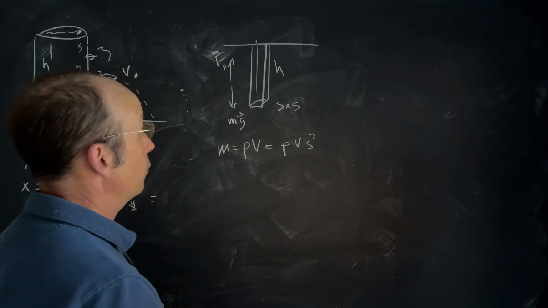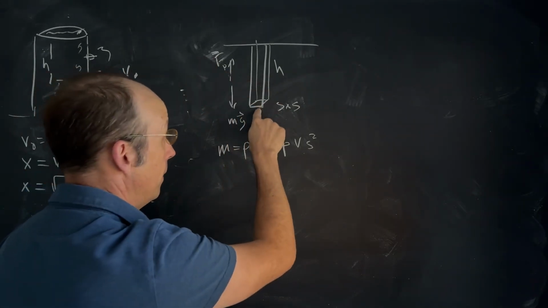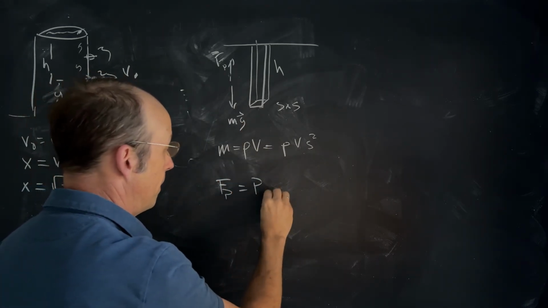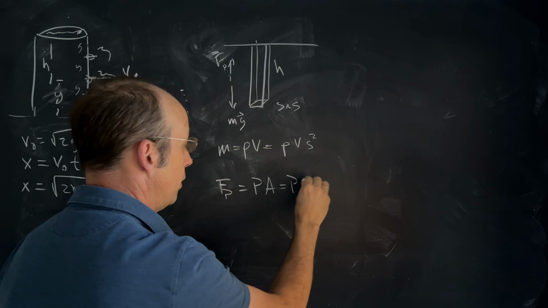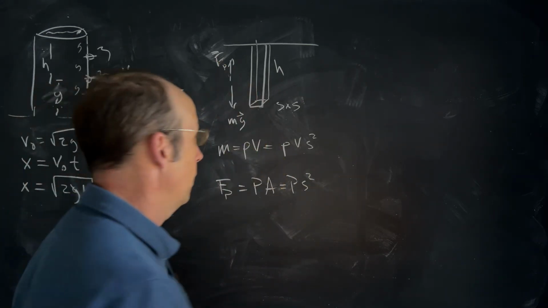And that has to be equal to the upwards pushing force. Now, that's going to be due to the pressure down here. So I can say the force of the pressure is the pressure times the area, which is pressure times s squared. Right, because it's the size of that box pushing up on it.